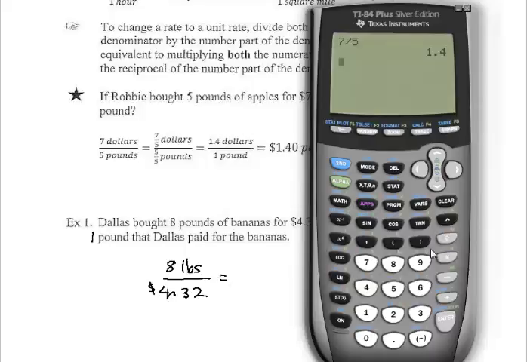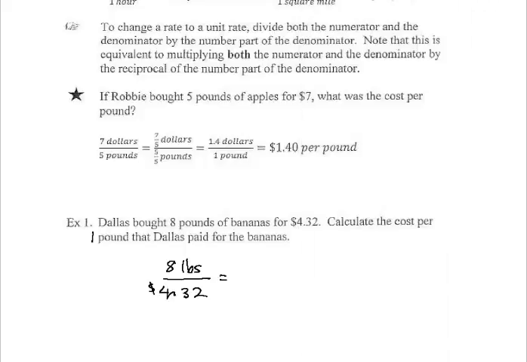So we pull out our calculator, and we get 0.54, and we can associate 1 with the pounds on the bottom.